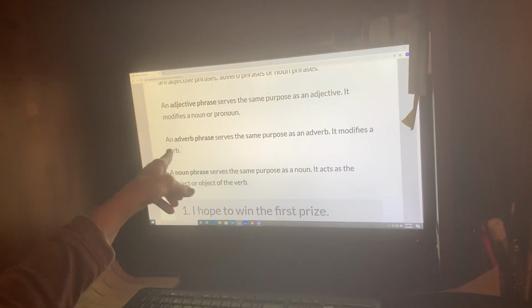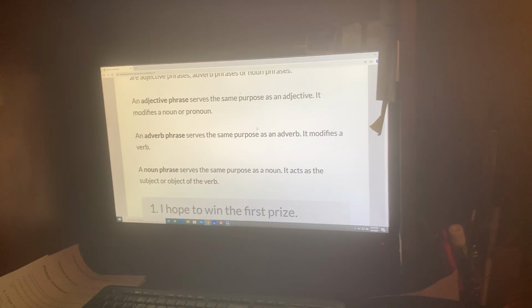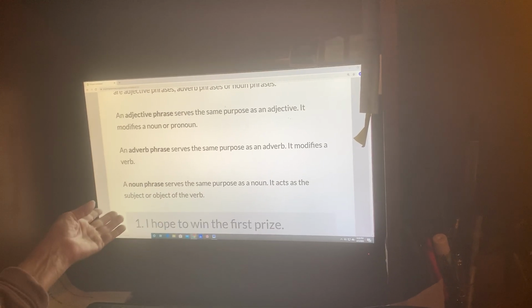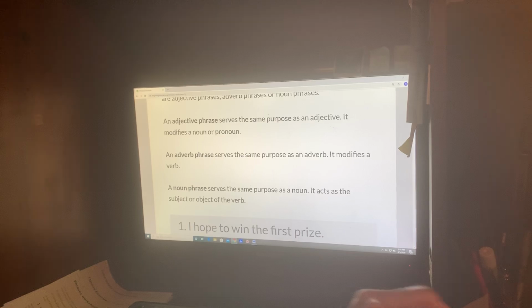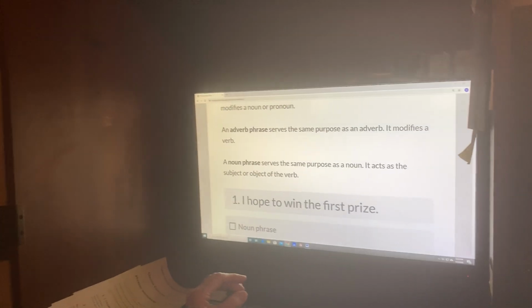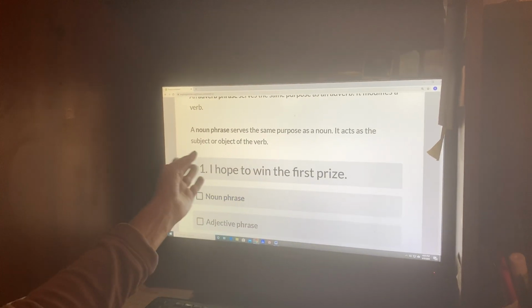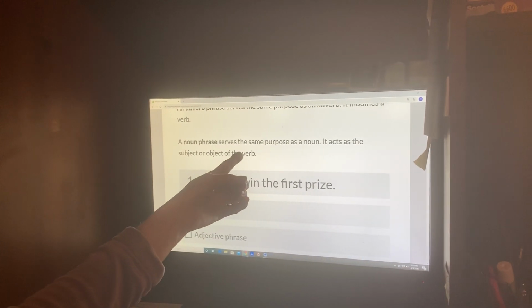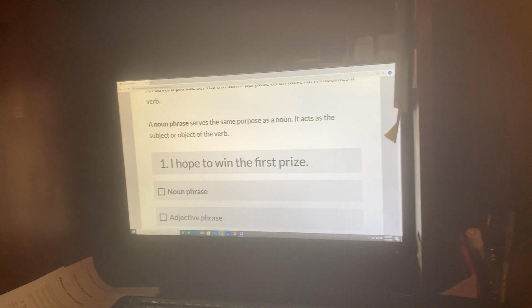An adverb phrase serves the same purpose as an adverb. It modifies a verb, but you know they modify verb, adjective, and adverb. A noun phrase serves the same purpose as a noun. It acts as a subject or object of the verb, meaning IO, DO, or PN.